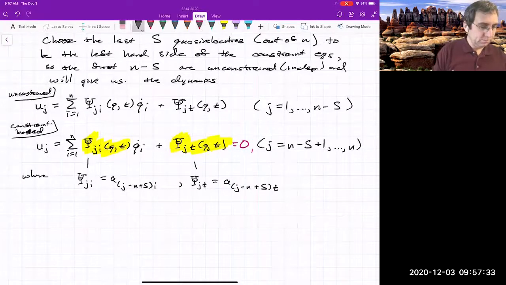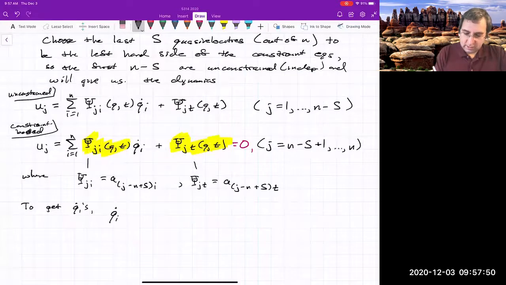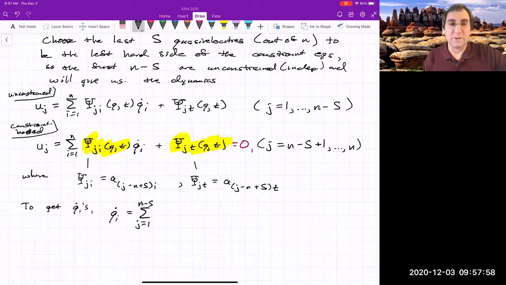So if you wanted to get the qi dots, qi dot equals a sum where j goes from 1 to n minus s. All you have to do is consider the ones that aren't equal to 0.